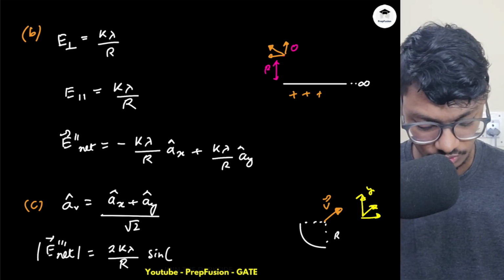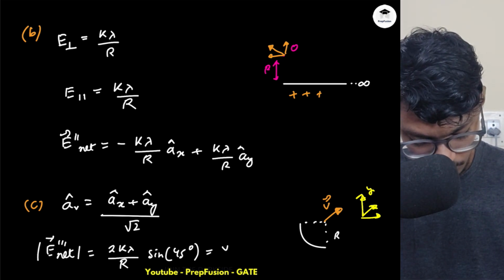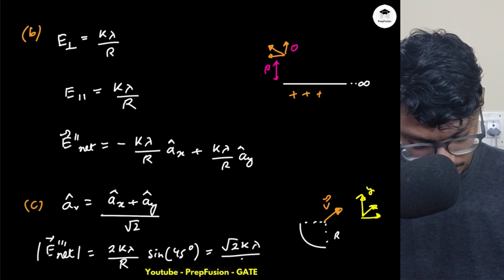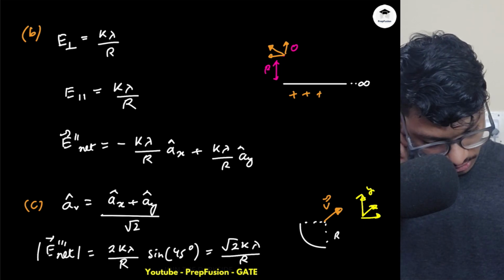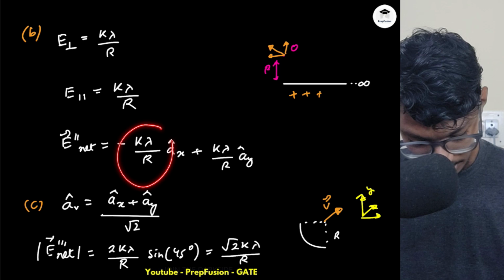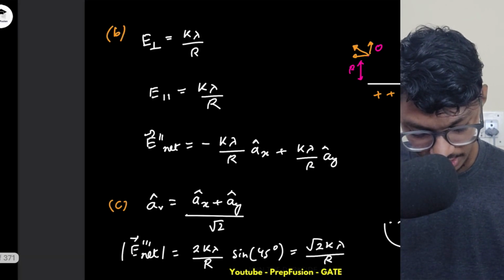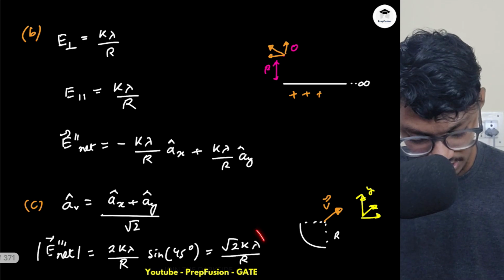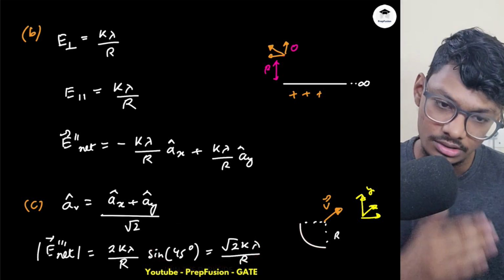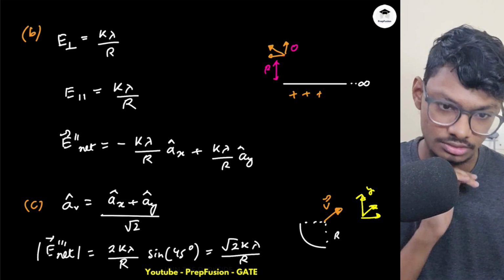Alpha is 90 this time, so it will be 45, right? So it will be root 2 k lambda by r. Now this k lambda by r and this k lambda by r will get cancelled, only this will remain. So only the field due to the quarter ring will remain, everything else will go away.